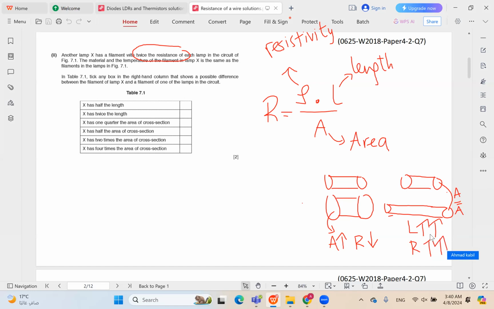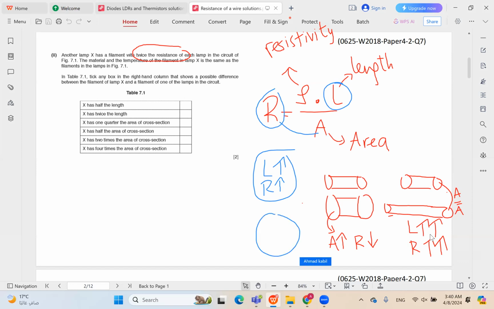How do we know this? We know this from the formula because the length here is proportional to the resistance. So as the length increases, the resistance increases. However, the area and the resistance are inversely proportional to each other. So as the area increases, the resistance decreases.